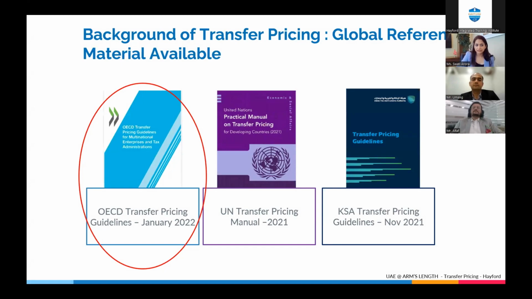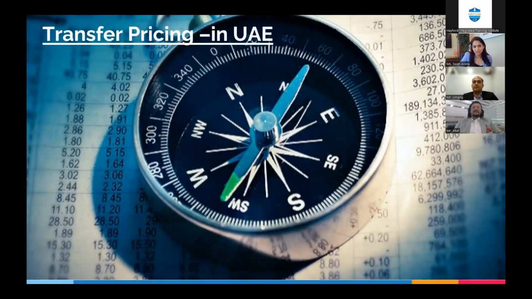So the OECD has recommended the material which we have highlighted here. It's called the OECD Transfer Pricing Guidelines, which was issued in January 2022, and it's a book of around 700 pages. So you're free to study it on your weekends, or else maybe use the services from Umang. He will take you through that. Over to you, Altaf. I think it's time that you give your insight on the topic.